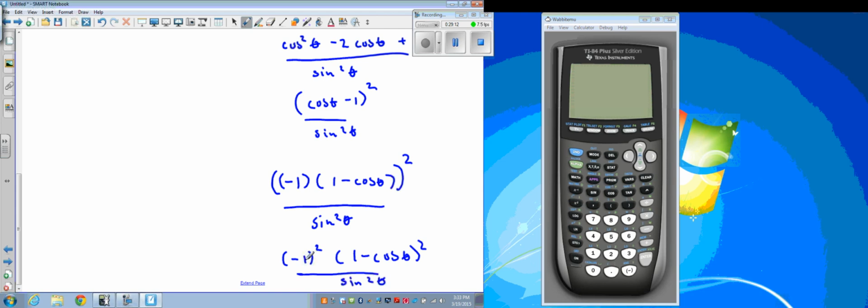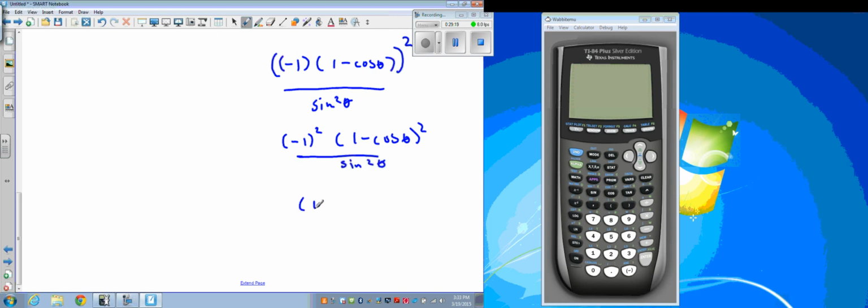And this is 1, right? Yeah. This is identical. This thing is 1 minus cosine theta squared over sine squared theta.